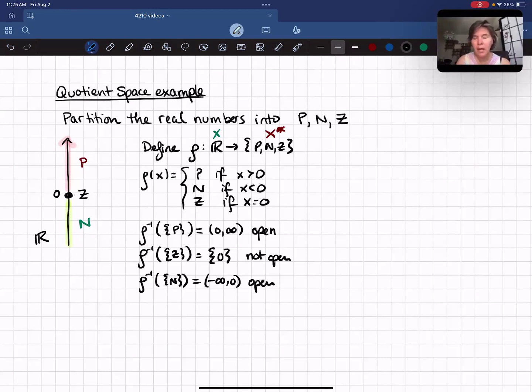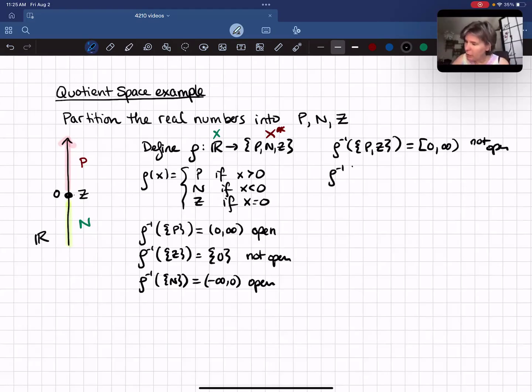And then we can think about other possibilities. There are only 8 subsets here, so we can just list them all. If I did P and Z, the inverse image of that would be the interval that includes 0 to infinity. That's not open.